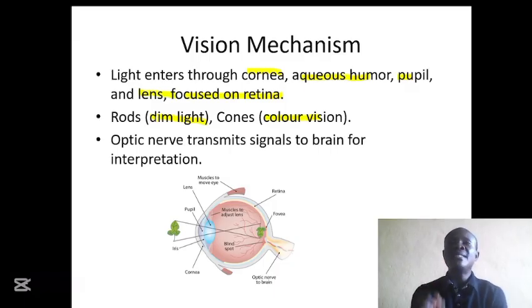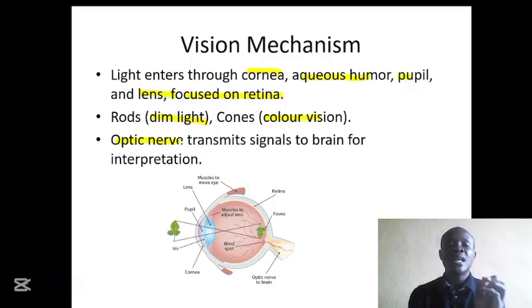The image that will be formed on the retina will be an inverted image. That information will be sent to the brain through the optic nerve.